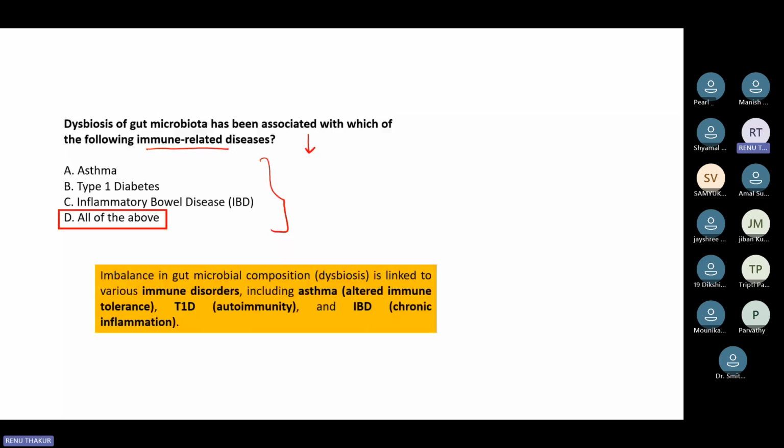In type 1 diabetes, your own cells are not producing enough insulin, or not even reacting towards it. Type 2 diabetes and also IBD. So any disease is possible when you have low immunity.